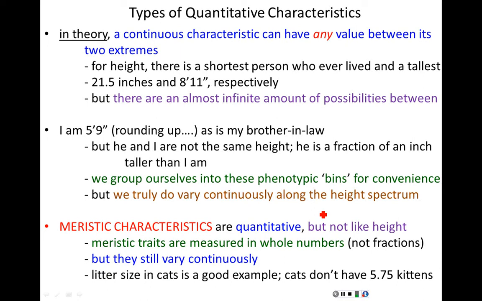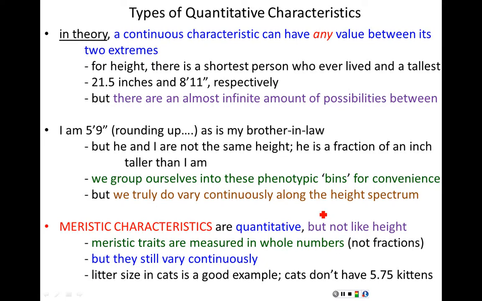Perfect example, litter size in cats. Litter size in cats is a quantitative trait. It's governed by many, many QTLs, and it varies across a spectrum from cat to cat. But it can't be measured in fractions, even if it's measured precisely, because cats don't have 5.87 kittens or 5.75 kittens. Cats have kittens in whole numbers.